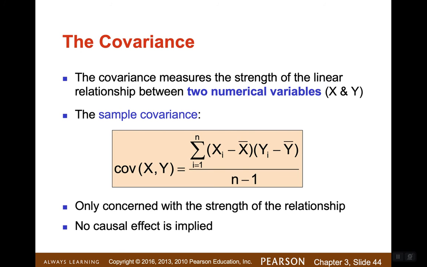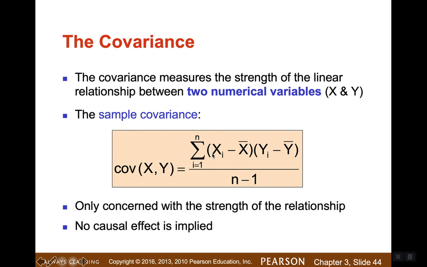Our covariance is the calculation, and if you look at it, it starts looking familiar. It's the value minus the mean of the first variable, times the value minus the mean of the second, summed together, and ultimately divided by n minus 1. So we have n x variables and n y variables, and we know the means.